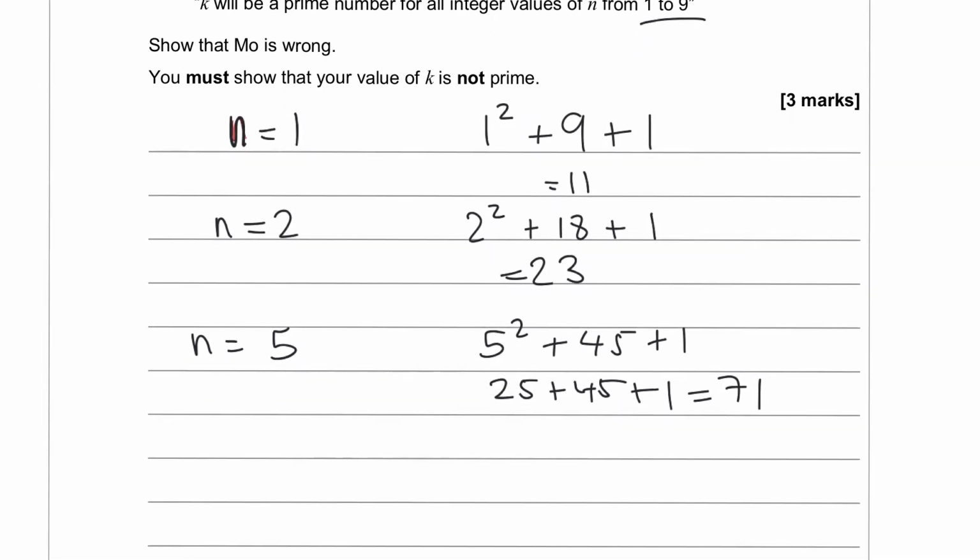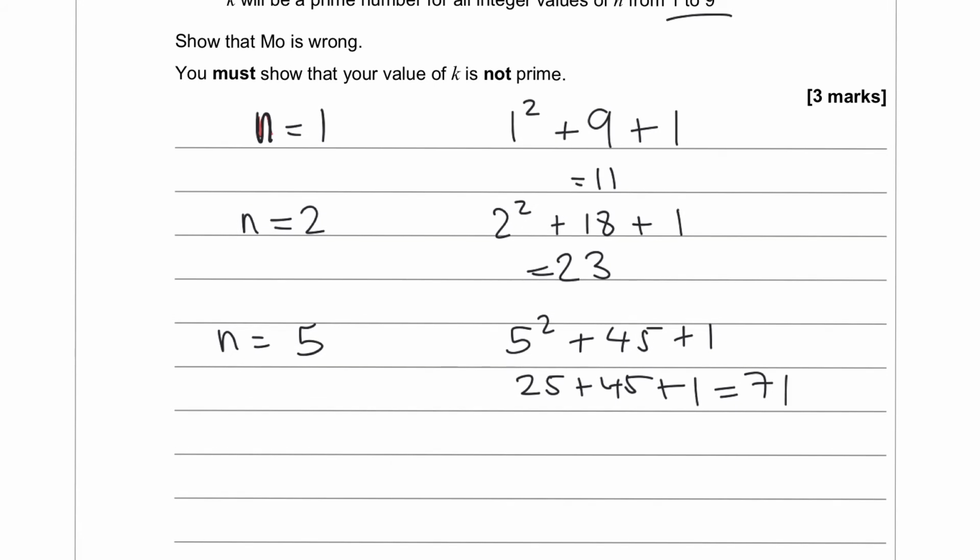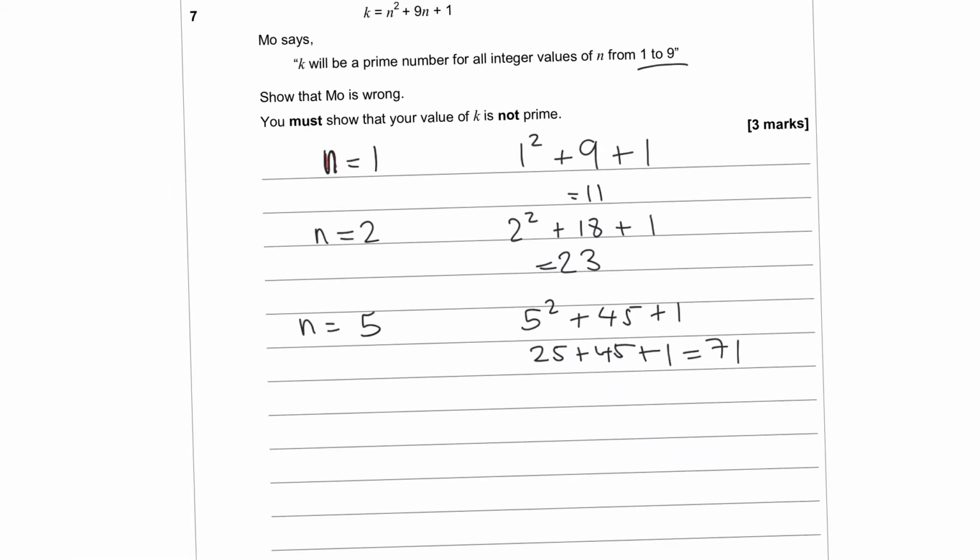So we're meant to show that Mo is wrong. All right, let's keep going. Let's say if n is equal to 7, so 7 squared plus 63 plus 1. If you put that into your calculator, 49 plus 63 plus 1, that is 113.